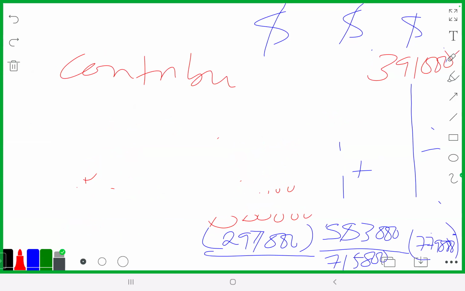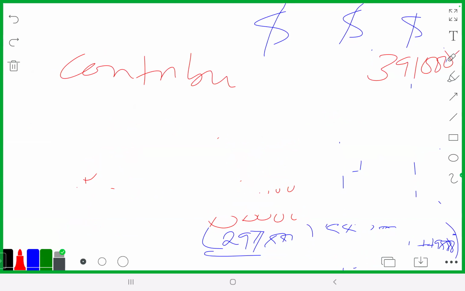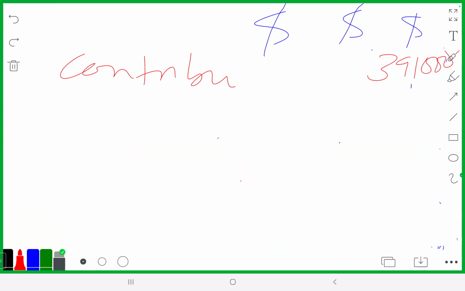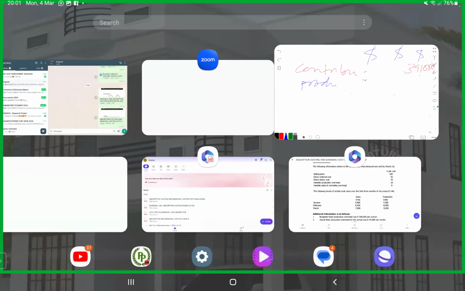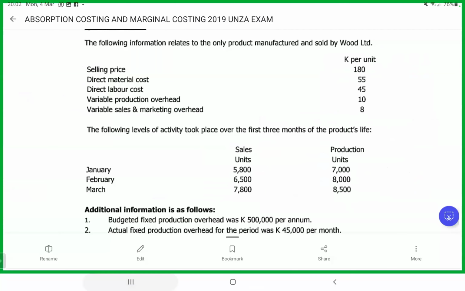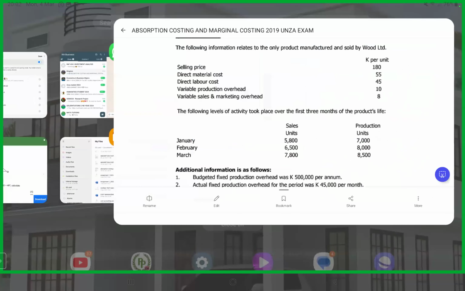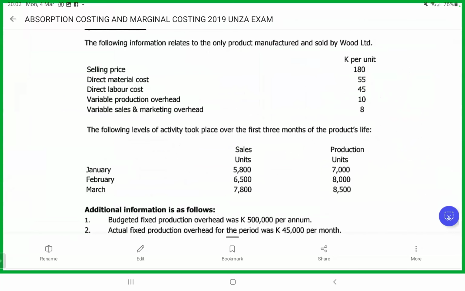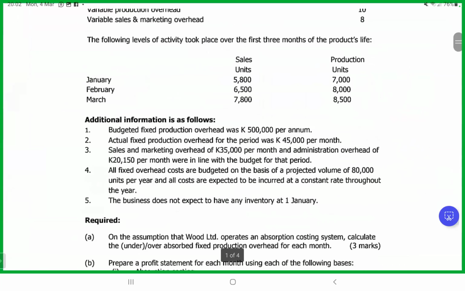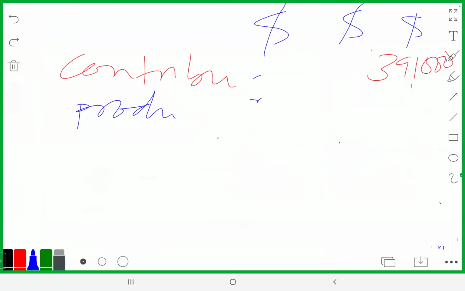Then from the contribution, what do you do next? You less all the fixed costs, isn't it? Now the fixed costs are fixed per month. We start with the production fixed costs. The note says that the production fixed costs are at 45,000 per month, so they will still remain the same. It's monthly, so write 45,000.